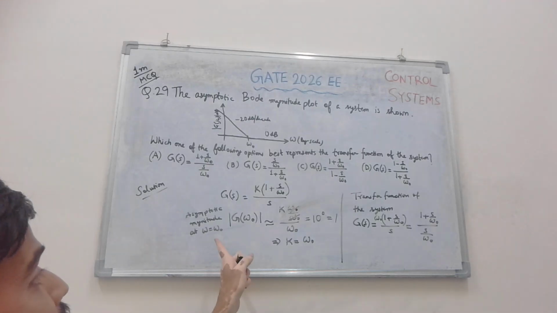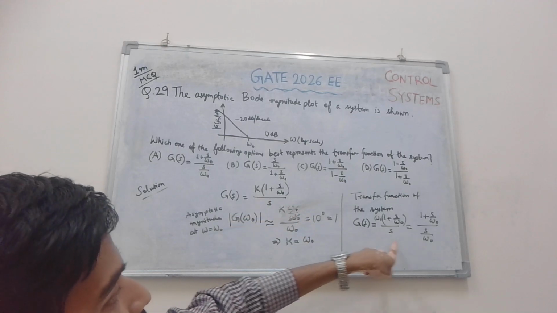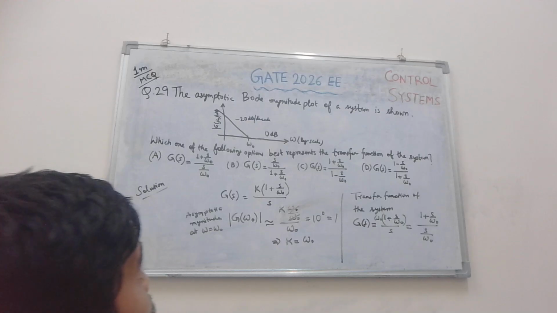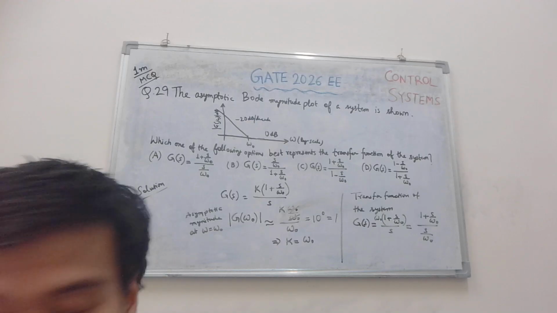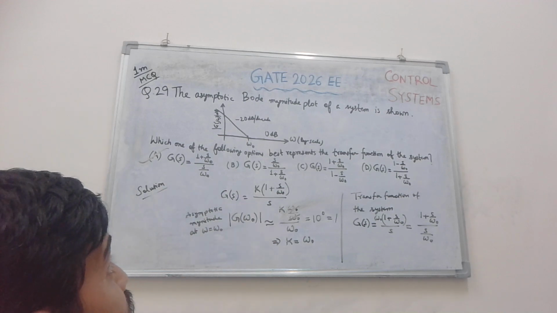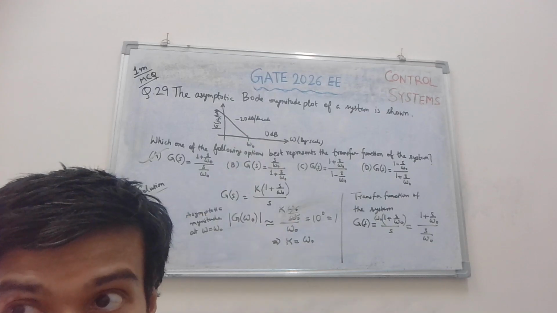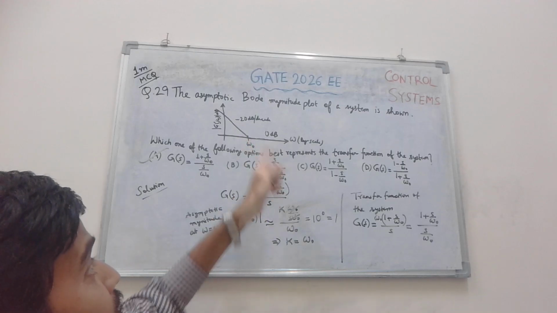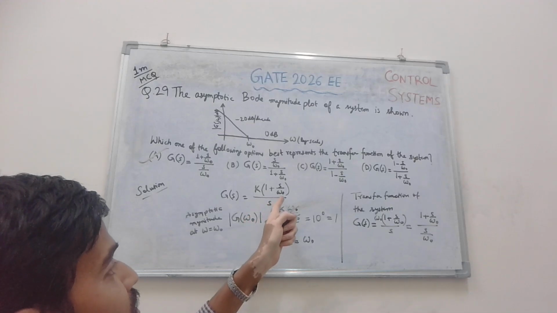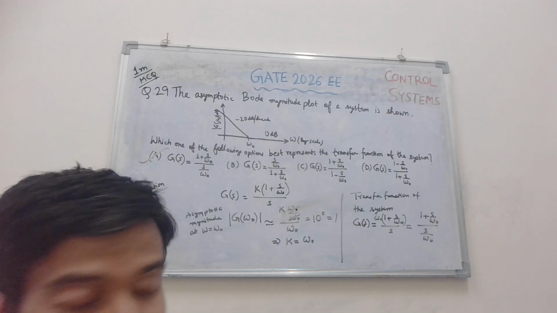But the asymptotic magnitude, remember, from here is 1, so the transfer function G of s equals 1 plus S by omega naught by S by omega naught. So that is option A, the correct answer. So in this basic Bode plot question, the minus 20 dB per decade slope means there must be a first order pole at the origin, and there must be a first order zero at omega naught.